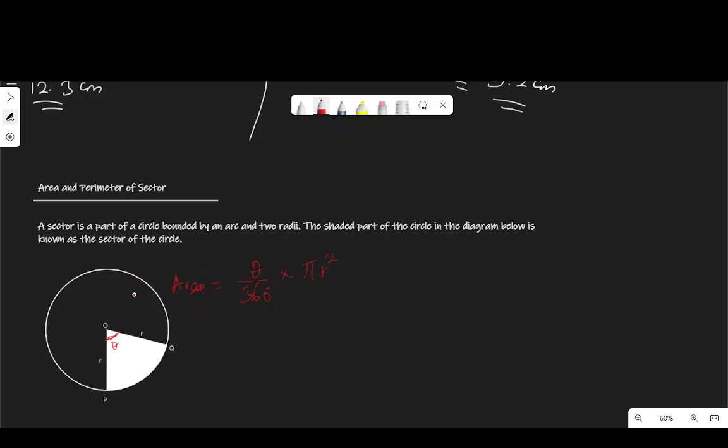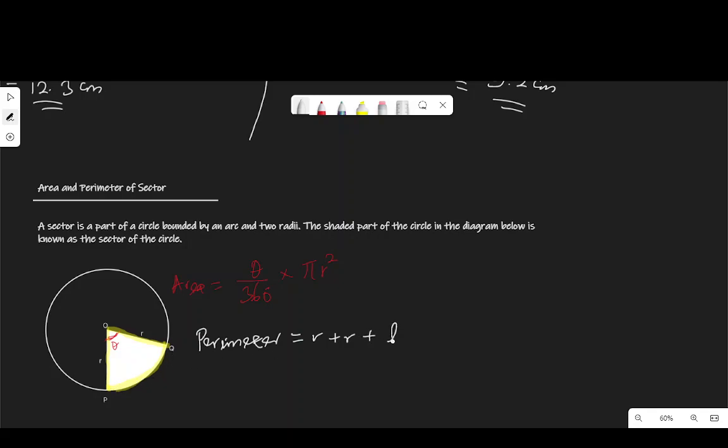While perimeter, on the other hand, is the distance round the sector. That is, this length of line here plus this length of line here plus this length of line here, which is the arc. So perimeter, therefore, will be r, this radius here, plus this radius here, plus the length of this arc here.